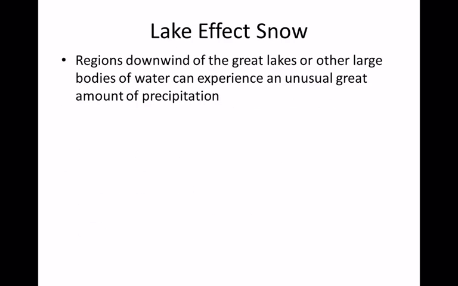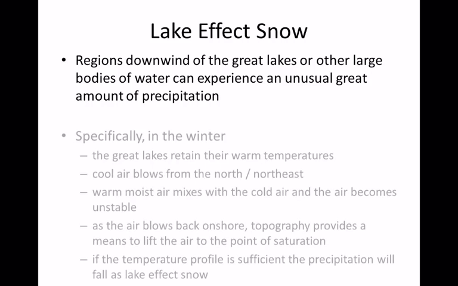Okay, lake effect snow. You're like, what does lake effect snow have to do with anything? Well, actually, lake effect snow is a good one to talk about air mass modification. You probably are familiar with lake effect snow. Look at the Great Lakes, and downwind from the Great Lakes is where they get dumped on. Okay?